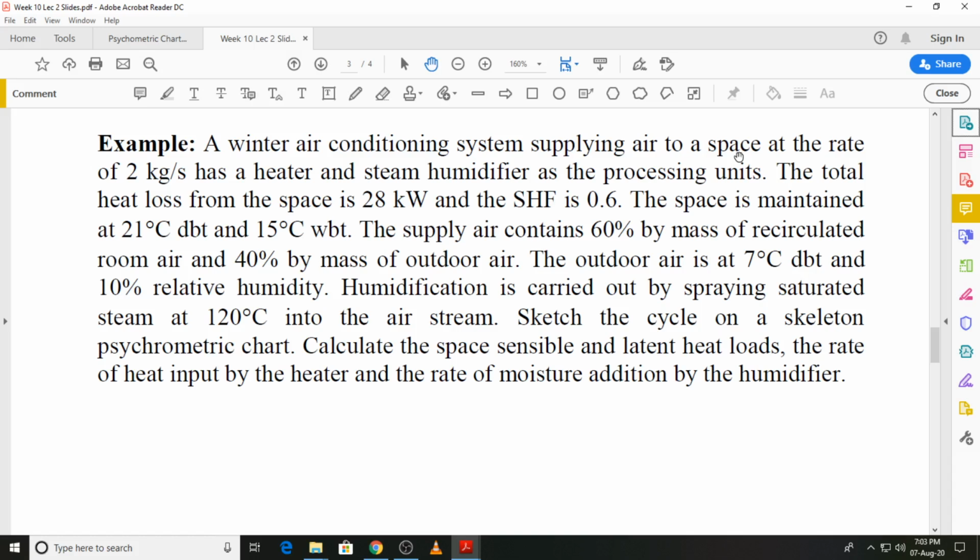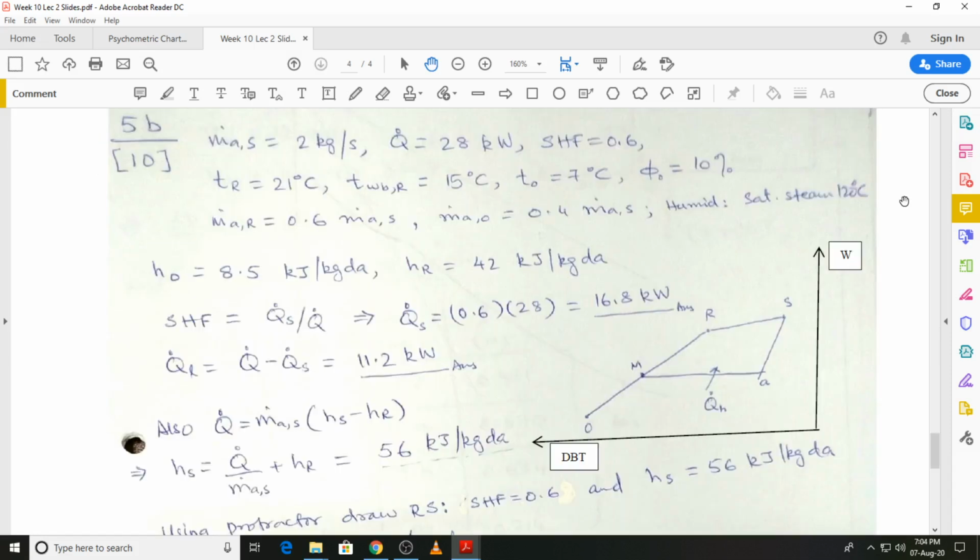The first thing that we have to again go back to is the representation of the cycle. So you can see that the cycle is the familiar cycle.